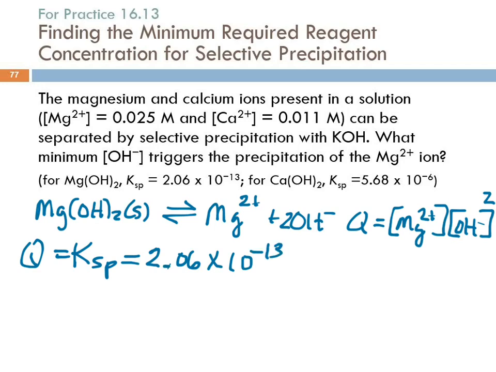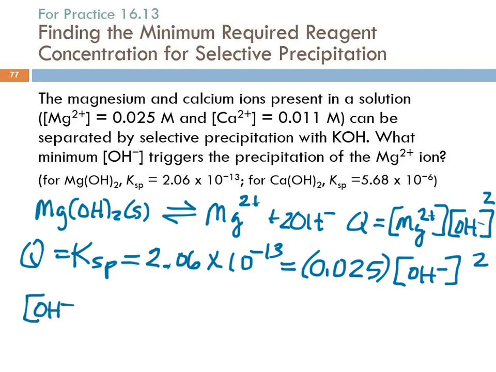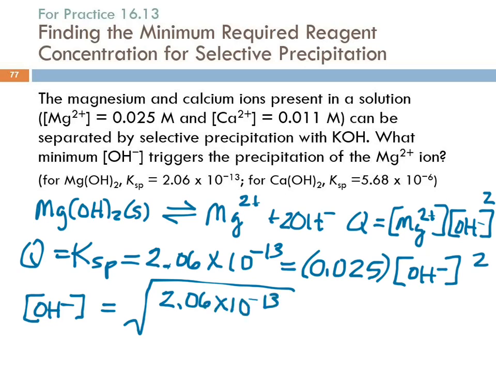And so that's going to be equal to the magnesium ion concentration, which was given up here, 0.025, times the hydroxide ion concentration squared. So the minimum hydroxide concentration we need is going to be equal to the square root of 2.06 times 10 to the minus 13 divided by 0.025.